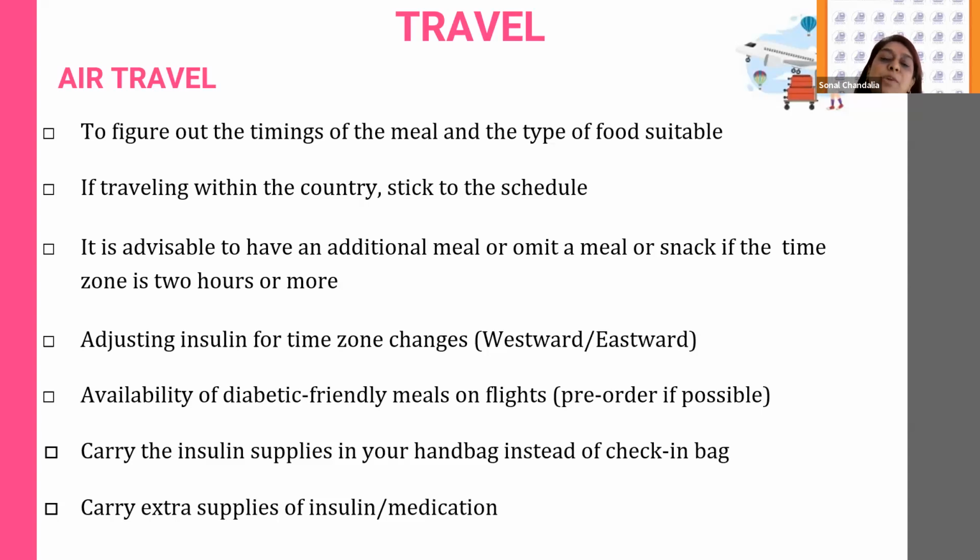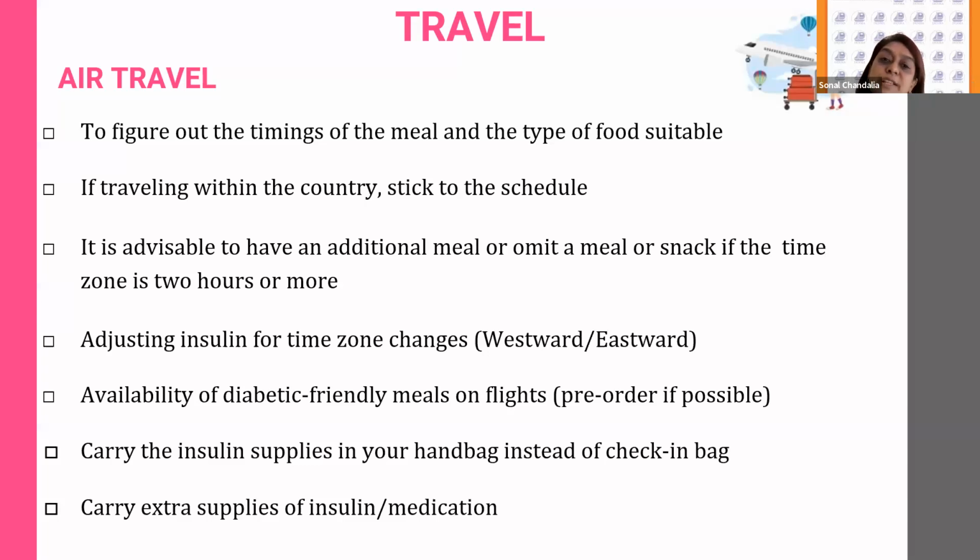Now, with respect to air travel, sometimes the insulin dosage has to be explained to a type 1 or a type 2 patient, because it depends whether one is traveling westward or eastward. When you go westward, you're actually gaining time, so the insulin dosage has to be adjusted according to what time they reach there and the gap that needs to be covered.